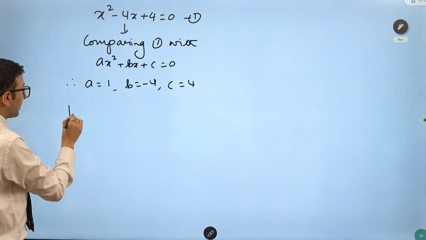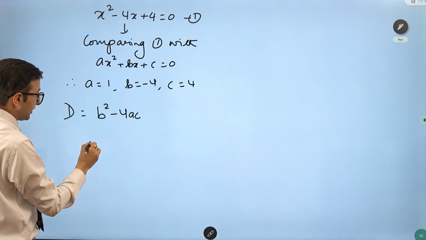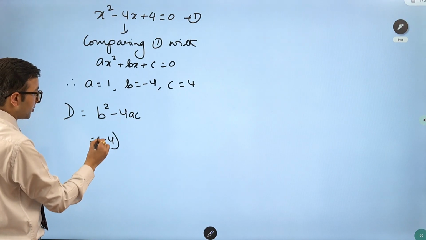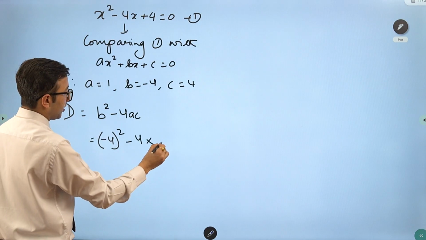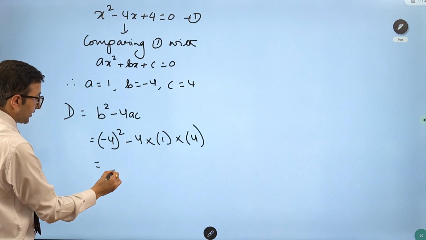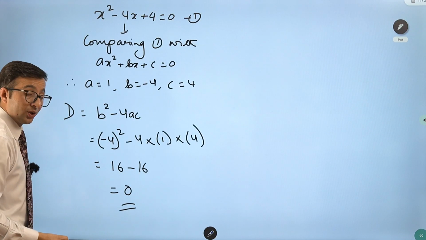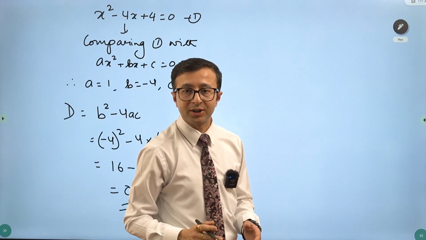So first we will find the value of the discriminant, that is b square minus 4ac. So this gives us minus 4 whole square minus 4 times 1 into 4. Here 4 4s are 16, minus 4 4s are 16, which equals 0. So here we can see that the value of the discriminant is 0.